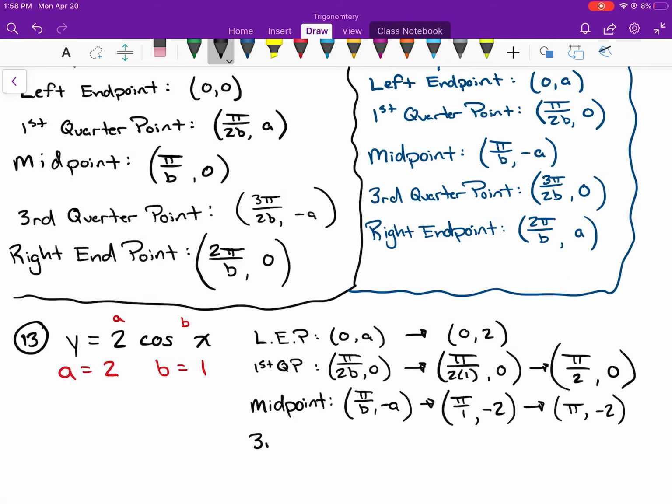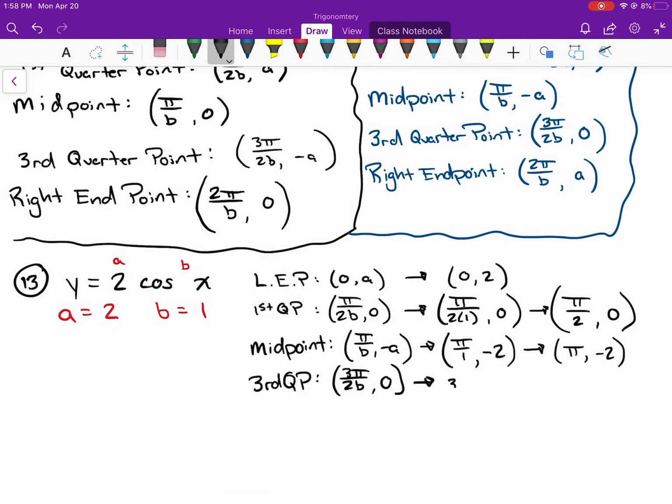The third point is called my third quarter point. This is 3 pi over 2B, 0. So 3 pi over 2 times B, which is 1, comma, 0.